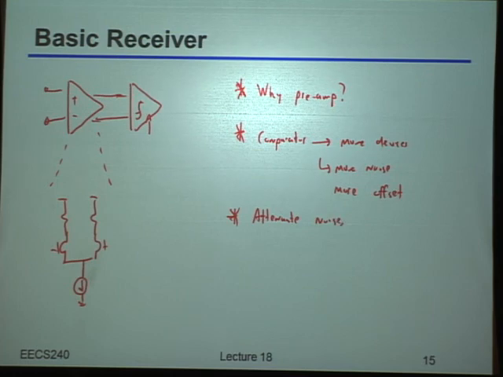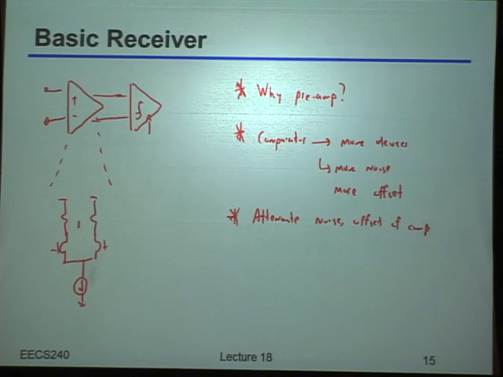And by attenuate, I really just mean in the input referred sense. So that if, for example, that comparator has an offset of, I don't know, 20 millivolts, I put a gain of 2 into the preamp, then input referred, you now have half of the offset as you used to.